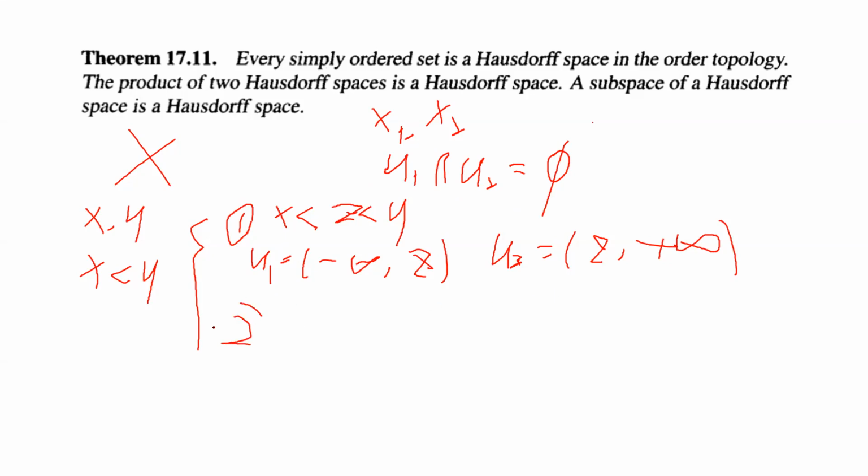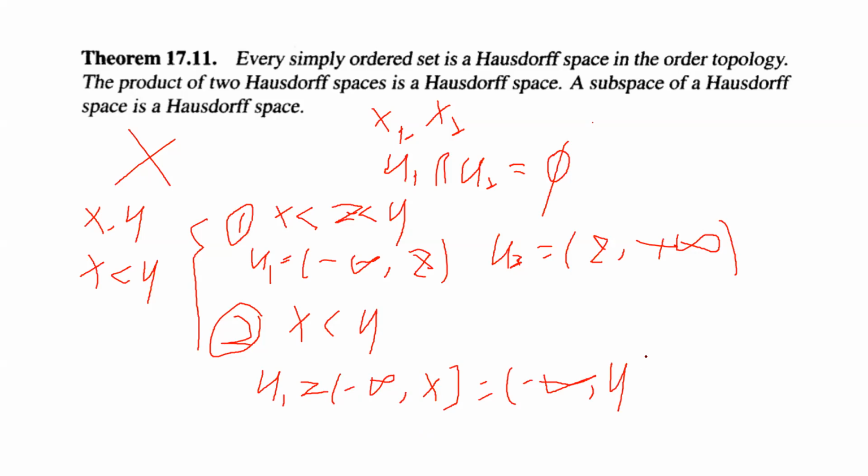The second case is where there is no element between x and y. In this case, we can find U1 equals negative infinity to y, with the interval open.